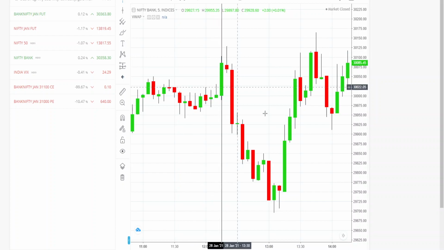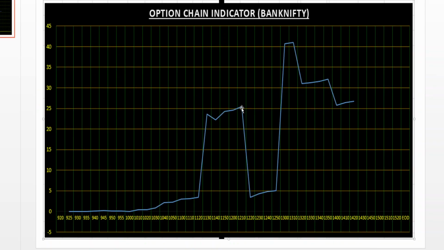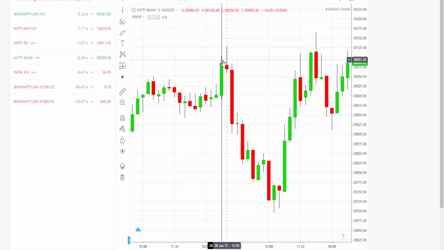And here there was a huge divergence, and in that divergence, if you short here also, it came down. But in the price action there is no sign of bearishness. Immediately we short here, keep a 100, 120 or 150 points stop loss. See, there was a big drop.